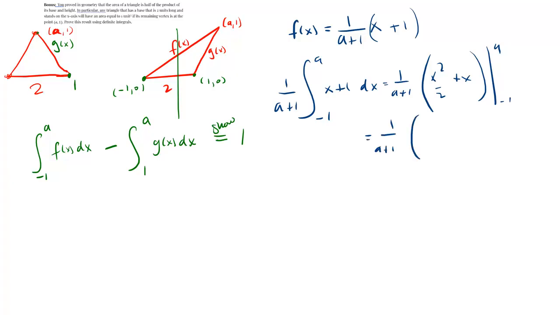So when I do that, I would have a squared over 2 plus a. And then when I put a -1 here, that gives 1/2 minus 1, so -1/2. Great. One thing I'm going to do here, a bit of a trick, is I want to factor this. Oh, excuse me. I said negative, but it should be subtracting off -1, so plus 1/2.